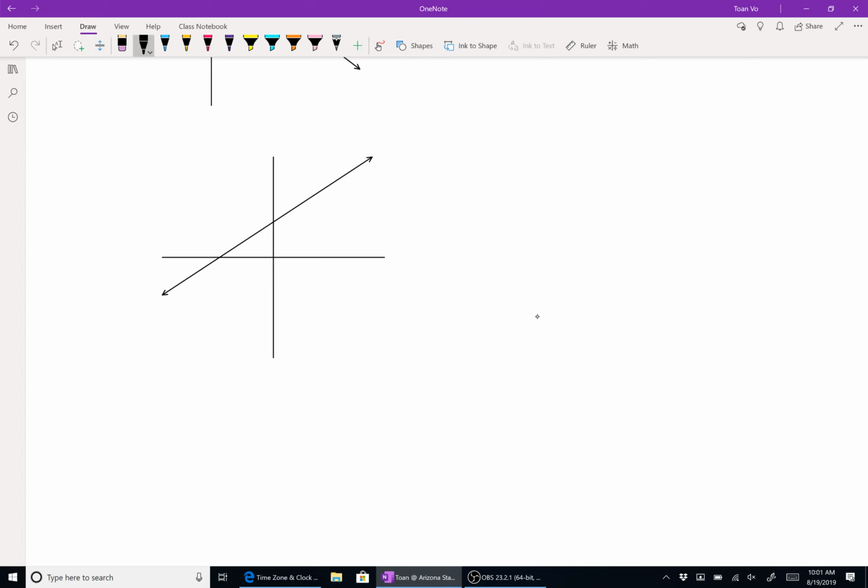So when I pick 2 random points, say this point and this point here, we normally label them as x sub 1, y sub 1 and x sub 2, y sub 2, and then from here we have the slope formula. m equals y sub 2 minus y sub 1 over x sub 2 minus x sub 1.